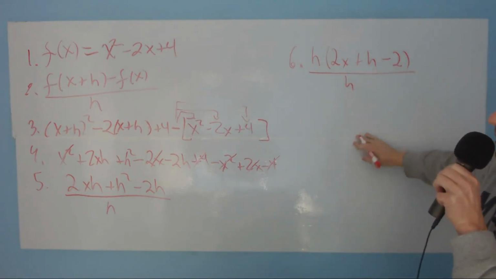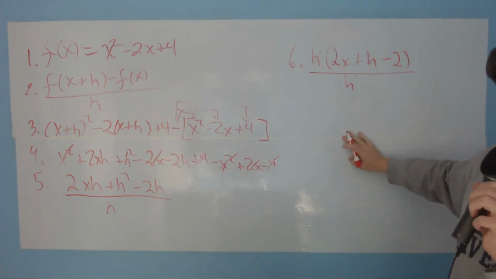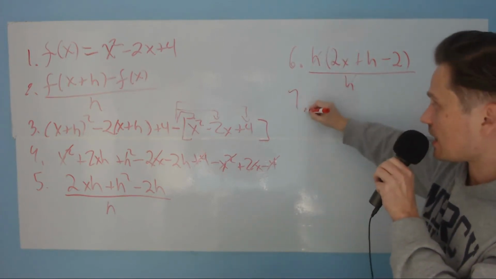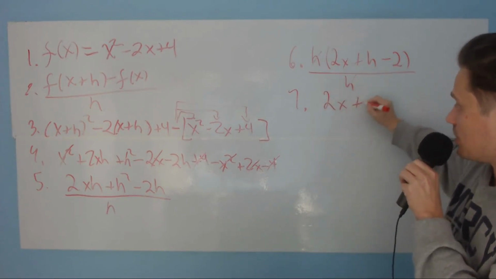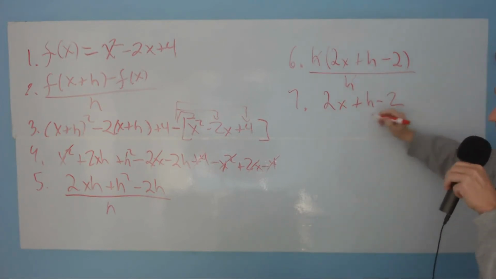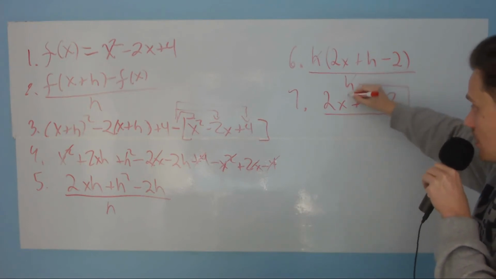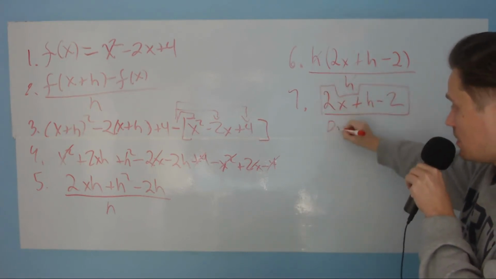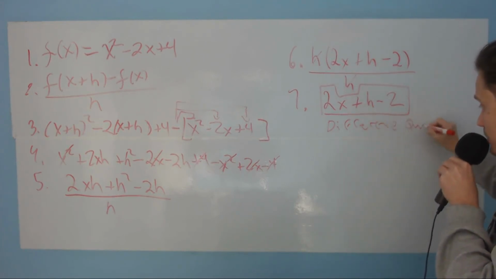Then you cross off the h's, top and bottom. So at step 7, the difference quotient looks like this: 2x plus h minus 2. In this answer, 2x plus h minus 2, at the pre-calculus level, this is the difference quotient.